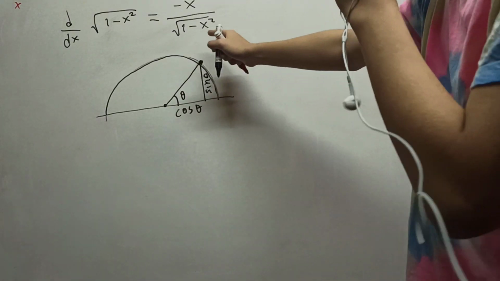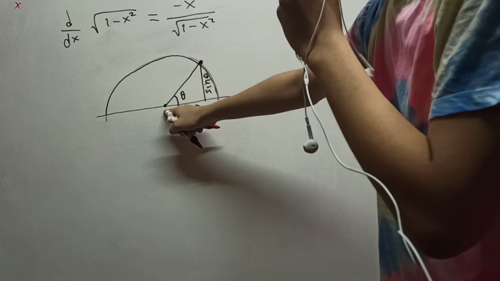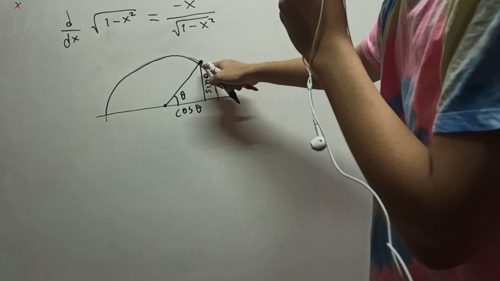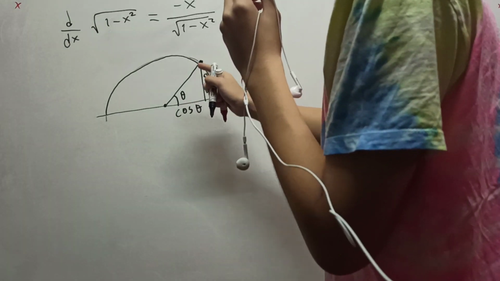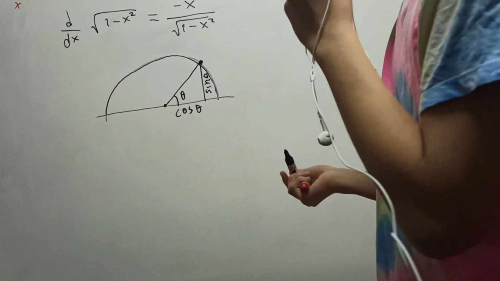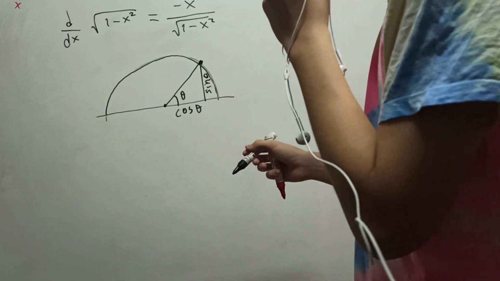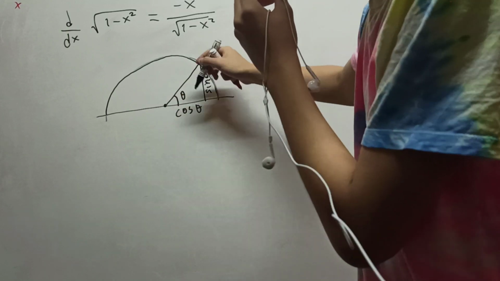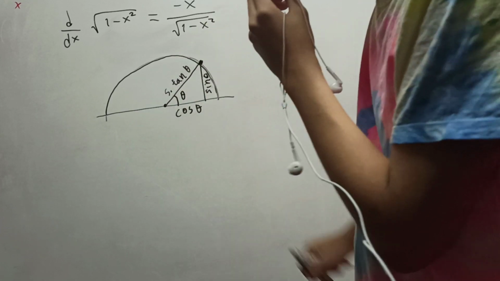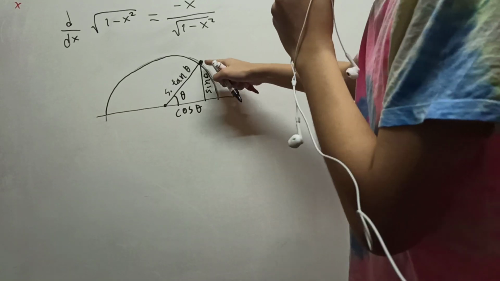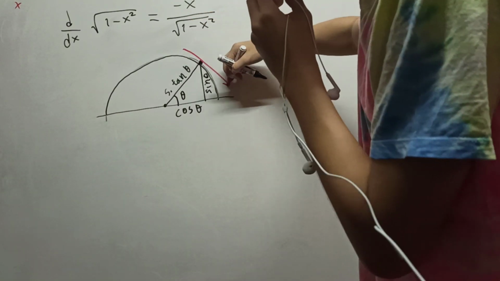Now what is this? This is 0, 0, right? The change of y, sine theta, over the change of x, cosine theta, that's actually tangent theta. So the slope of this line is tangent theta. Now this has a tangent line as well.